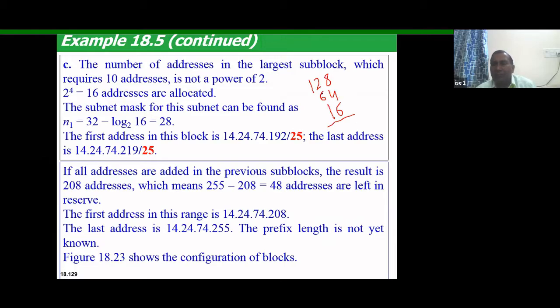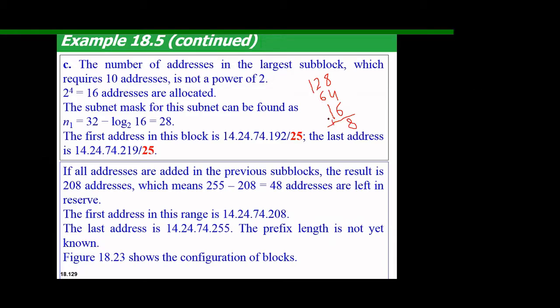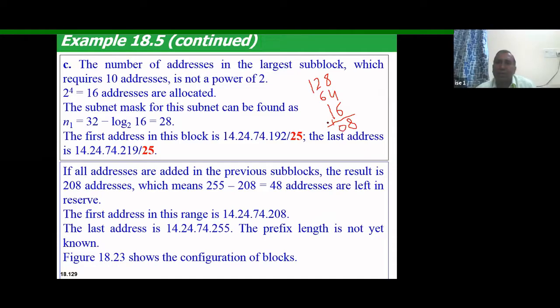The second subnet wanted 60, so we converted it to 64, and the third subnet wanted 10, we gave it 16. So 128 plus 64 plus 16, this will be 208. Total 208.